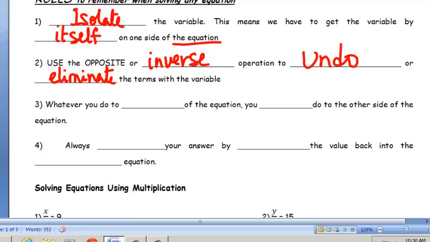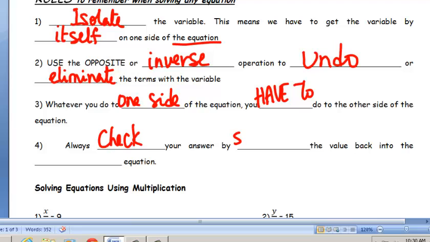Remember, whatever you do to one side of the equation, you have to do to the other side of the equation also. And you always check your answer by substituting the value back into the original equation.